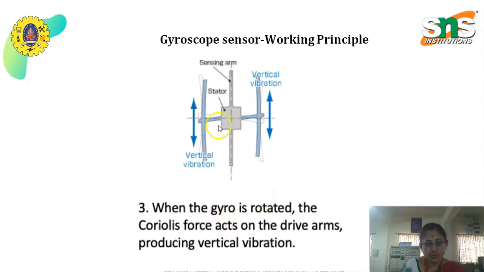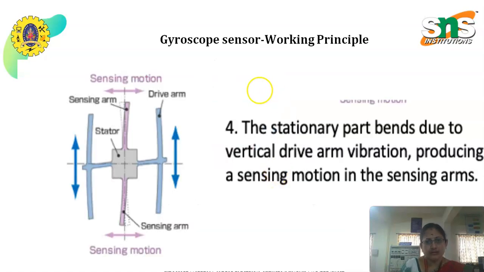When the gyroscope is rotated, the Coriolis force acts on the drive arms, so it produces a vertical vibration. We know the Coriolis force has the same effect on the Earth's equator and north and south poles. The sensing arm senses the difference between the sensing motion from right to left and left to right.